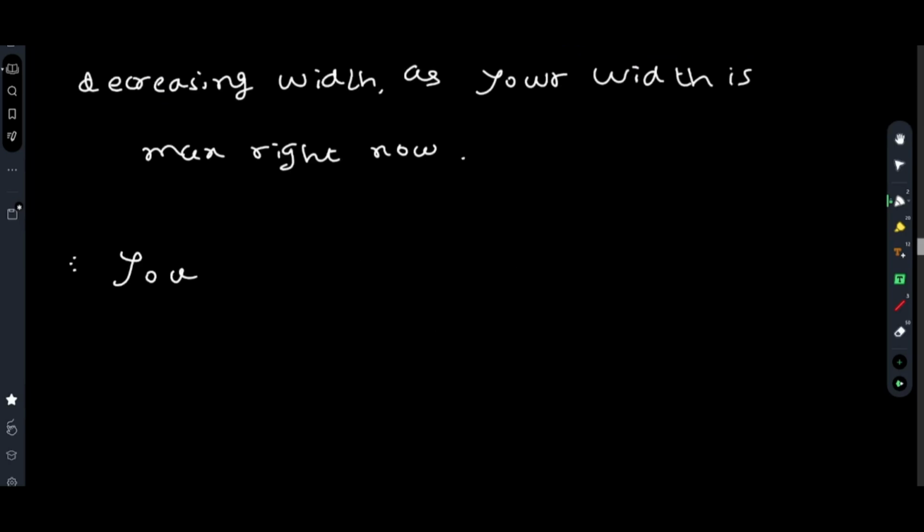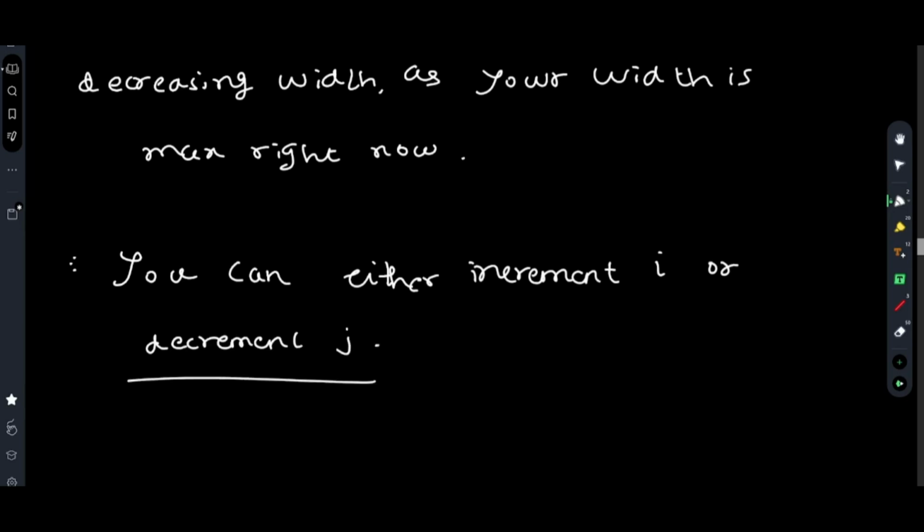Therefore, you can either increment i or decrement j to decrease width.